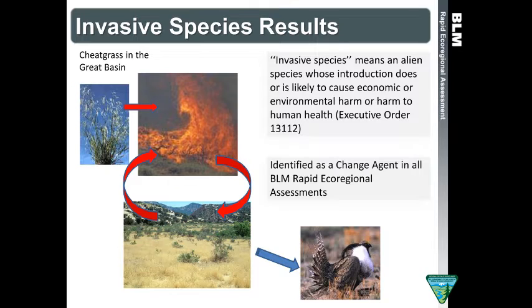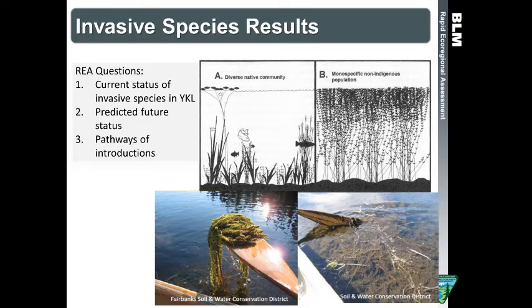And there are all kinds of implications for land managers, like endangerment of the Gunnison sage grouse, where cheatgrass is implicated as one of the key elements in its loss of habitat and decline of surrounding populations.